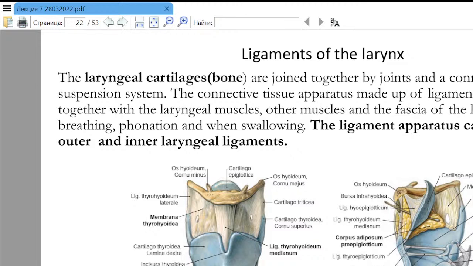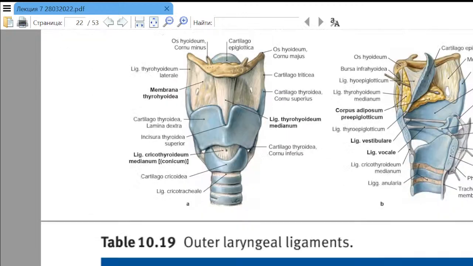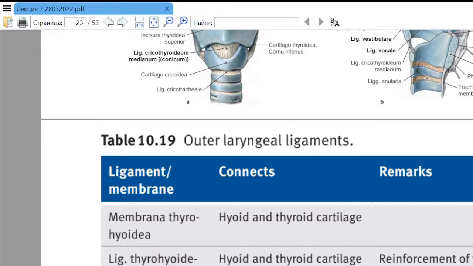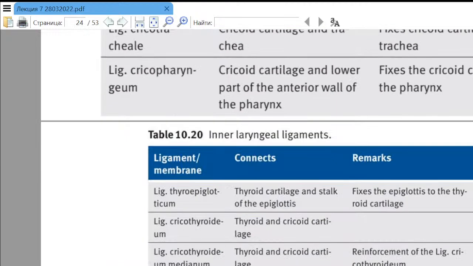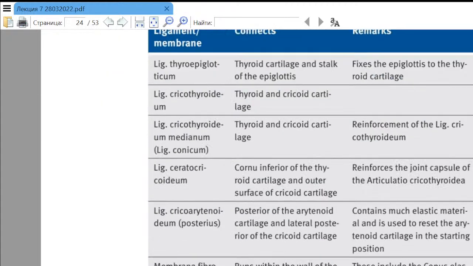You see many ligaments and membranes. You see the table of outer laryngeal ligaments, you read at home, and inner laryngeal ligaments you will study at home.